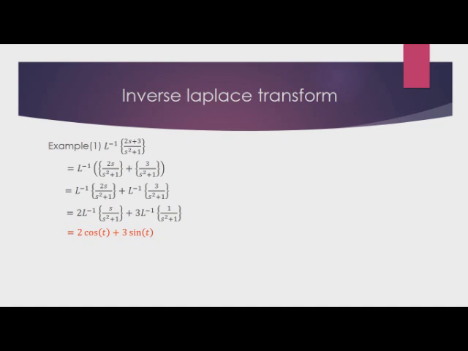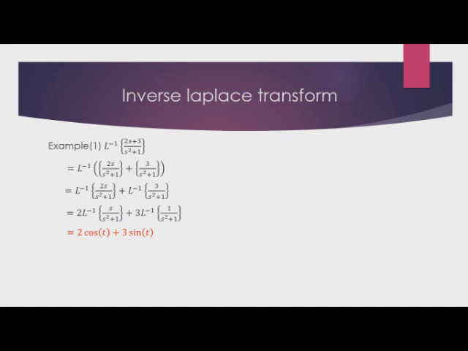The problem was the inverse Laplace of 2s plus 3 over s squared plus 1. To get this solution, we need to apply the linearity property first. It is the Laplace of 2s over s squared plus 1 plus 3 over s squared plus 1.